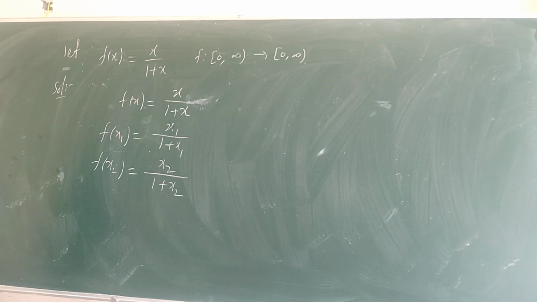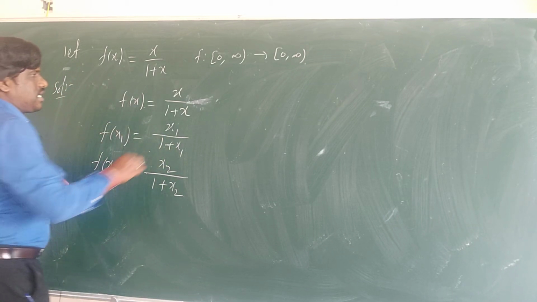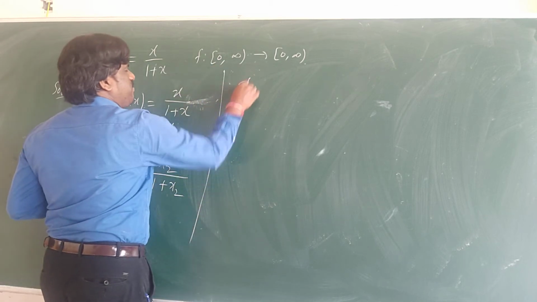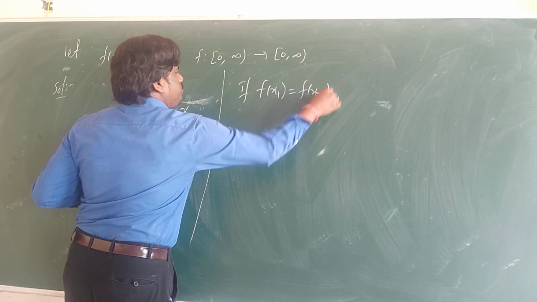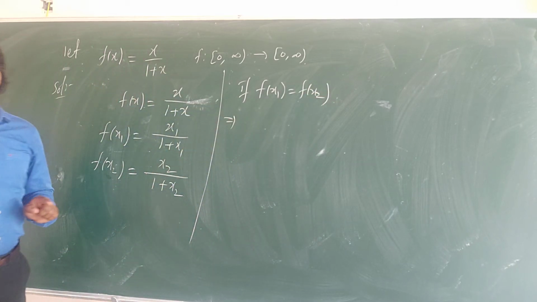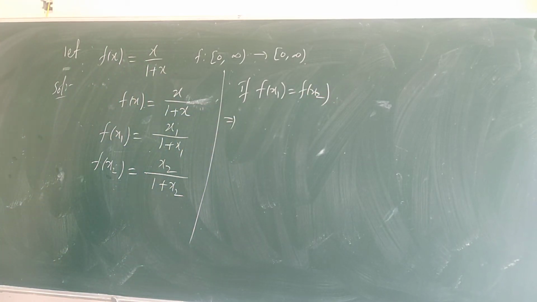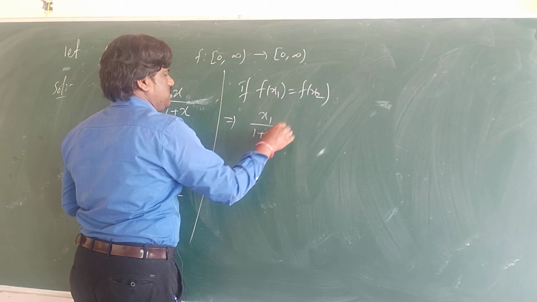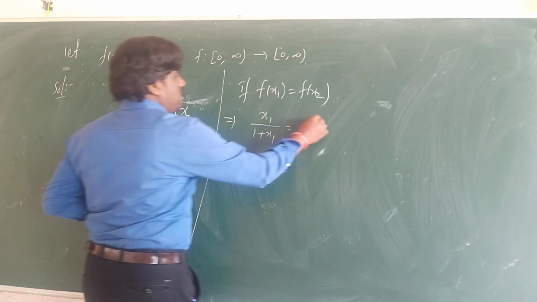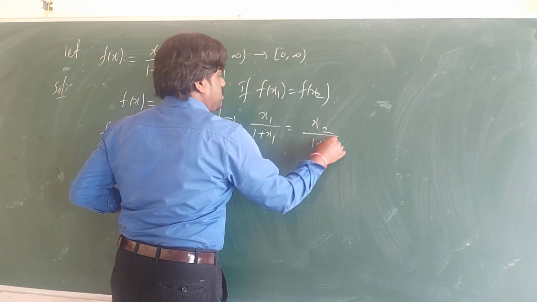Clear? So what did I tell you? If f of x1 is equal to f of x2, we have to take this. If this happens, then you should get x1 equal to x2. So what do I write here? x1 upon 1 plus x1 is equal to x2 upon 1 plus x2.